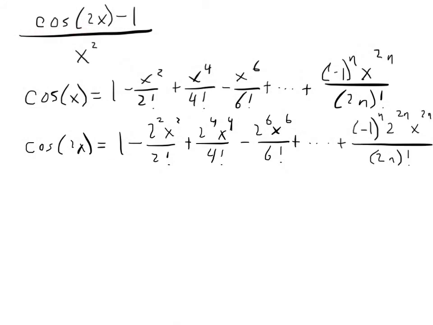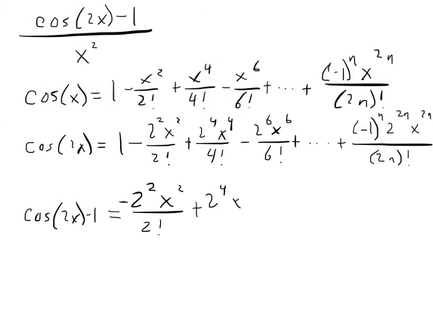So what happens if I take this entire thing and subtract 1? Well, won't it just remove that piece? Won't it be true that the cosine of 2x minus 1 is just all of these terms? Negative 2 squared x squared over 2 factorial, plus 2 to the 4th x to the 4th over 4 factorial.